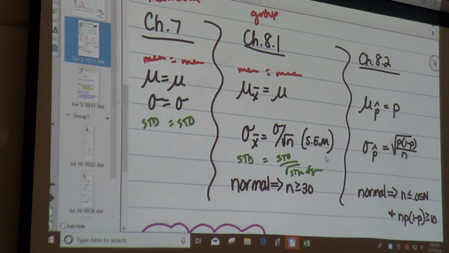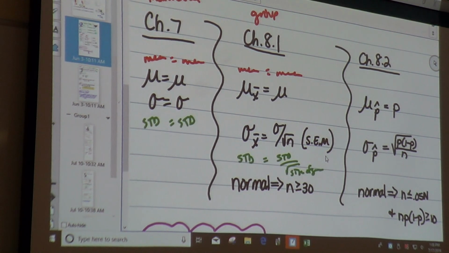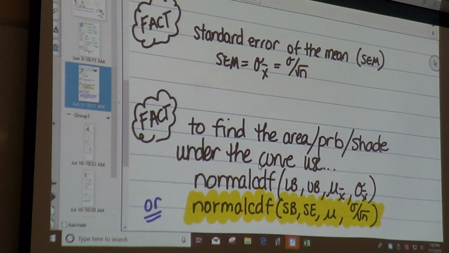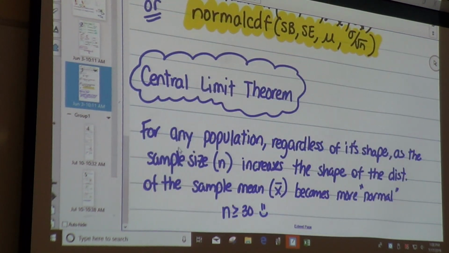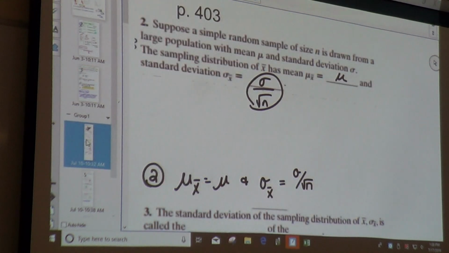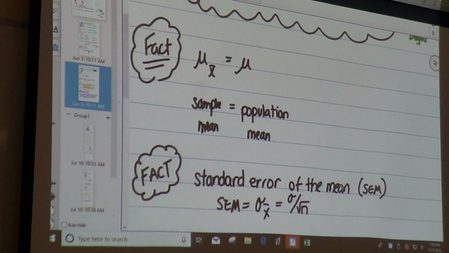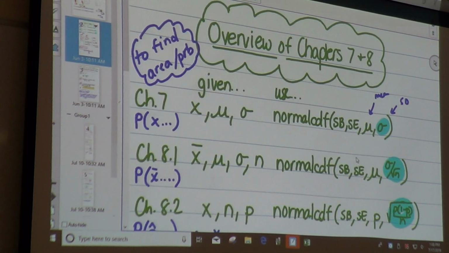What does SEM mean? Standard error of the mean.